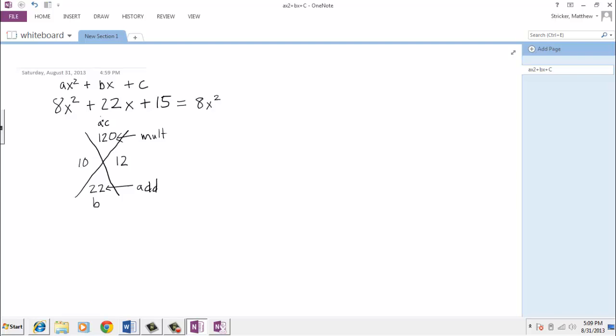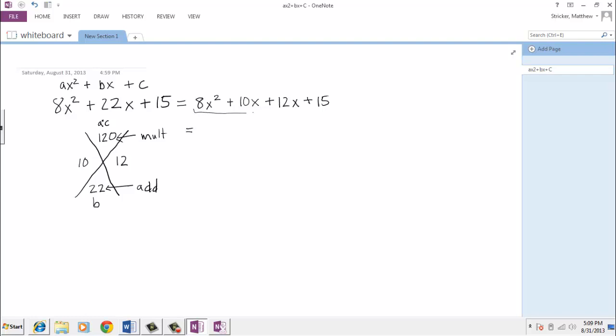We replace this 22x with a plus 10x and a plus 12x, and then we have the 15. Of course we can do this because 10x plus 12x is 22x, and now all of a sudden we have four terms, so we can factor by grouping.